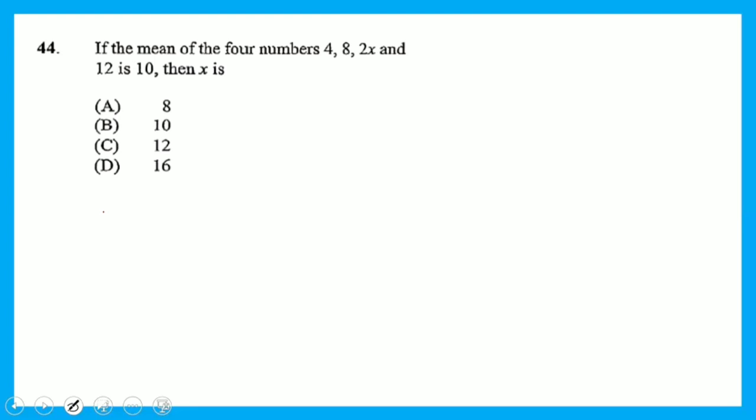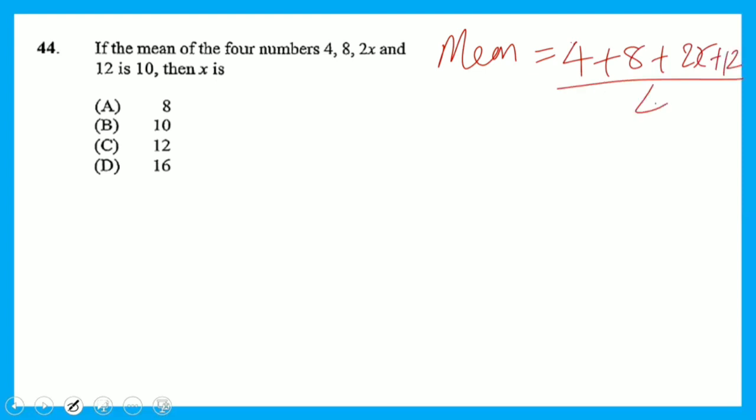This one says if the mean, and we know that just means finding normal average, the mean of 4 numbers, 4, 8, 2x, and 12 is 10. And we're supposed to find x. Now we know that mean equals adding up the numbers and dividing by the number of numbers.